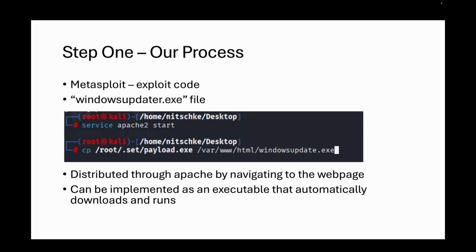So from our process, step one would be using Metasploit to develop the exploit code. And this was our aptly named Windows Updater.exe file that was distributed over Apache 2. It can be implemented as an executable that automatically downloads and runs as well.